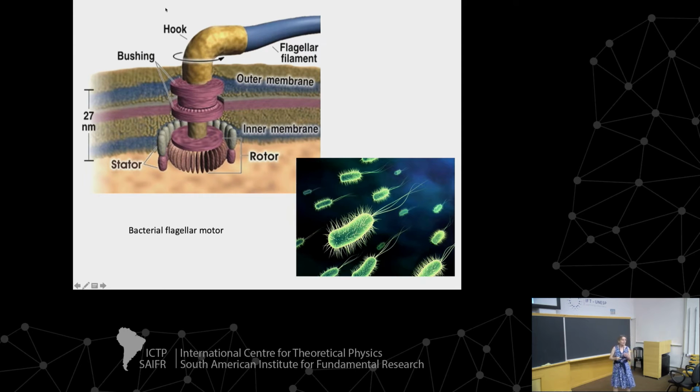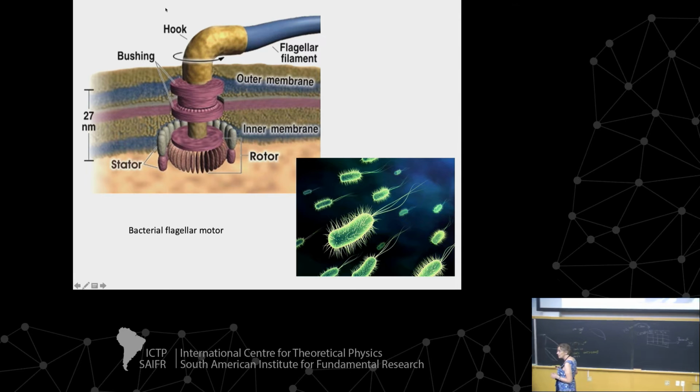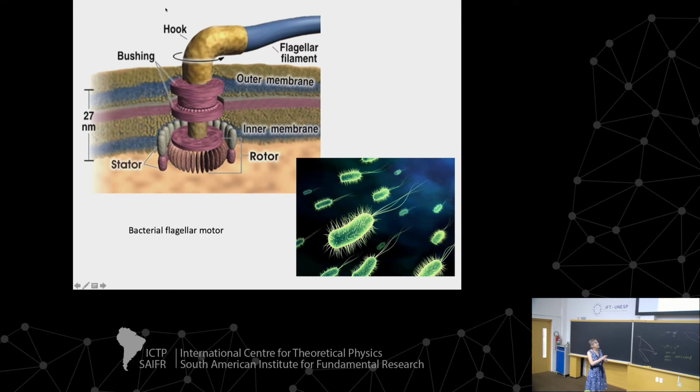To some extent this is an artist's impression, but people have some idea of how it fits together. All these different bits are different sorts of proteins, and it's driven by an ion current across the membrane. Here's the flagellum sticking out here. So this thing is across this little membrane there.